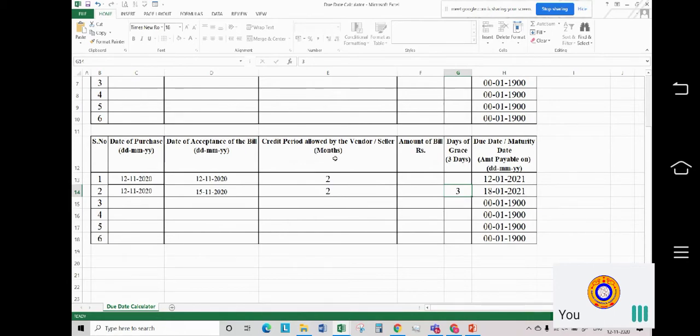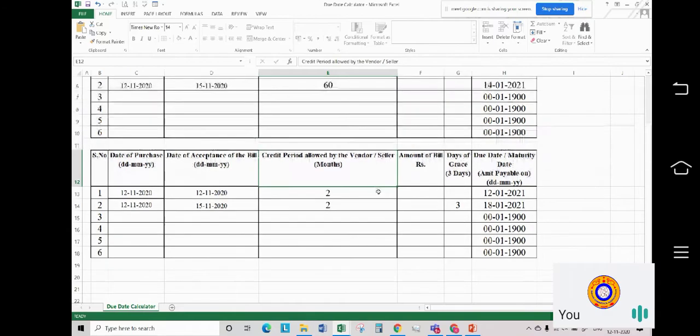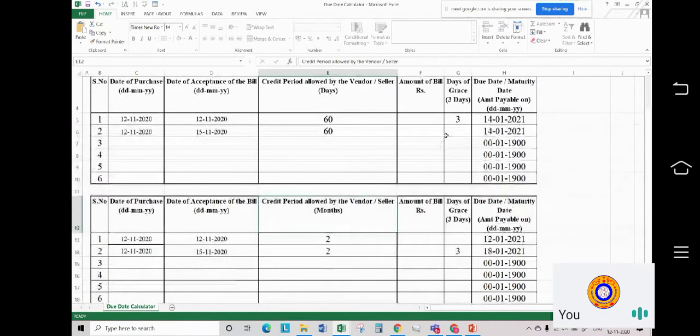So in terms of months, it is showing perfectly, and even in terms of days, it shows perfectly. So students have to be very careful which one they have to choose. If the days are given, then they have to choose this particular calculator, or if it is given in months, they have to use this particular calculator.